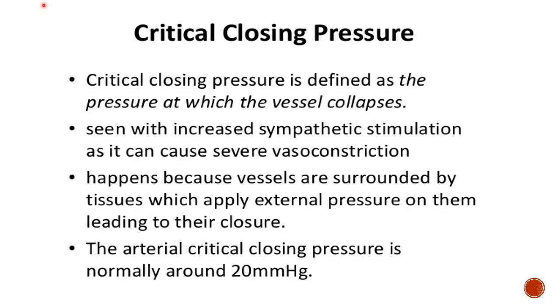So coming to the important concept of critical closing pressure. It is defined as the pressure at which the vessel collapses. Normally in the body, the pressure in the blood vessels is required to push the RBCs when they are passing through the very narrow, small diameter capillaries.